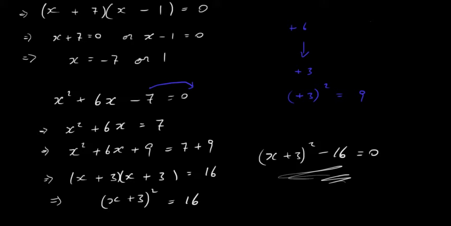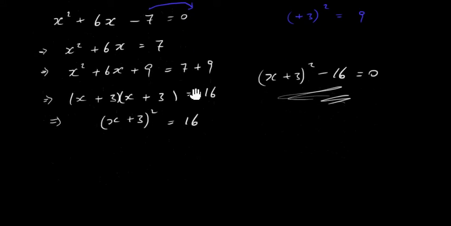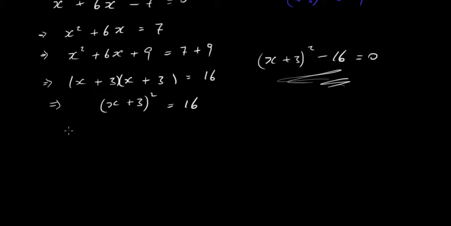Okay, so how do we use this to solve our equation? Remember, we want a minus 7 and a 1 for our x. Well, let's see, can we get that? Okay, so if we square root both sides here, we're going to end up with x plus 3 on the left-hand side. And on the right-hand side, we square root 16, we get plus or minus 4.